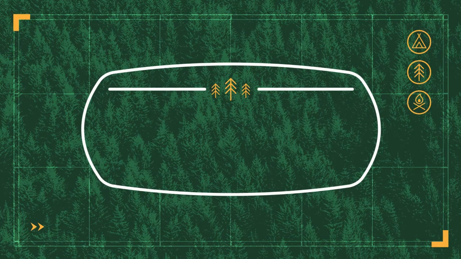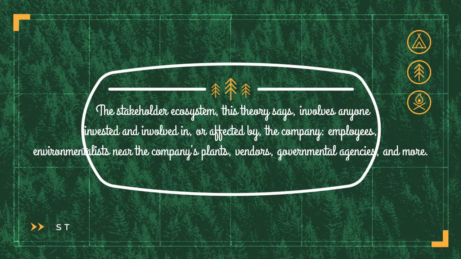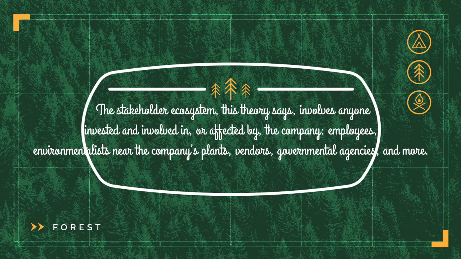And the stakeholder ecosystem involves anyone interested and involved in or affected by the company. That may include, but not exclusively, employees, environmental groups near the company, vendors, government, shareholder agencies, customers, the media, and so on and so forth.